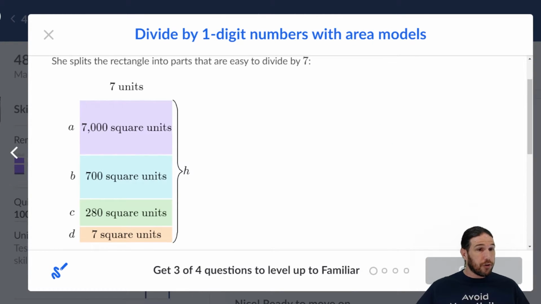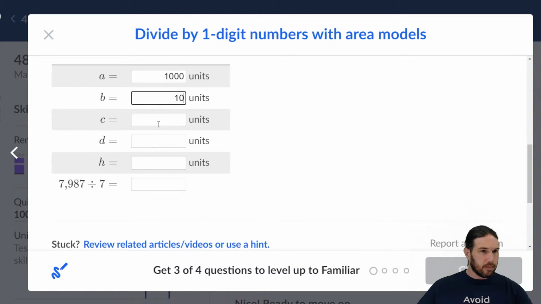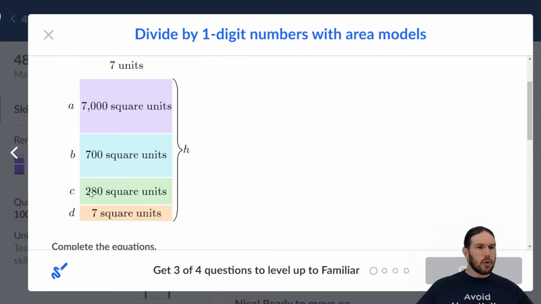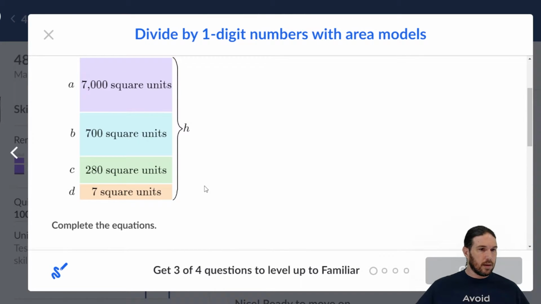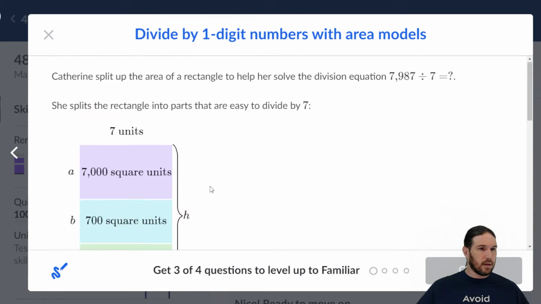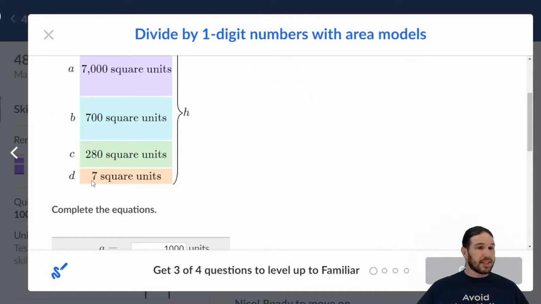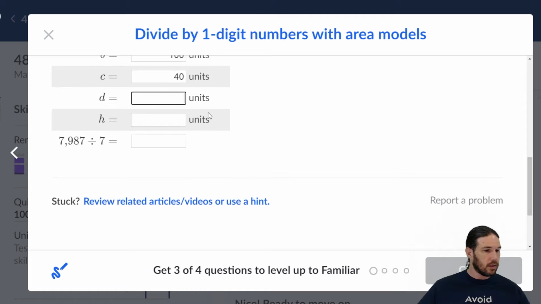So 700 divided by 7, well, that's 100. 280 divided by 7, well, I know that 28 divided by 7 is 4. So 280 divided by 7 is going to be 40. D, 7 square units, well, that's easy. 7 divided by 7 is 1.